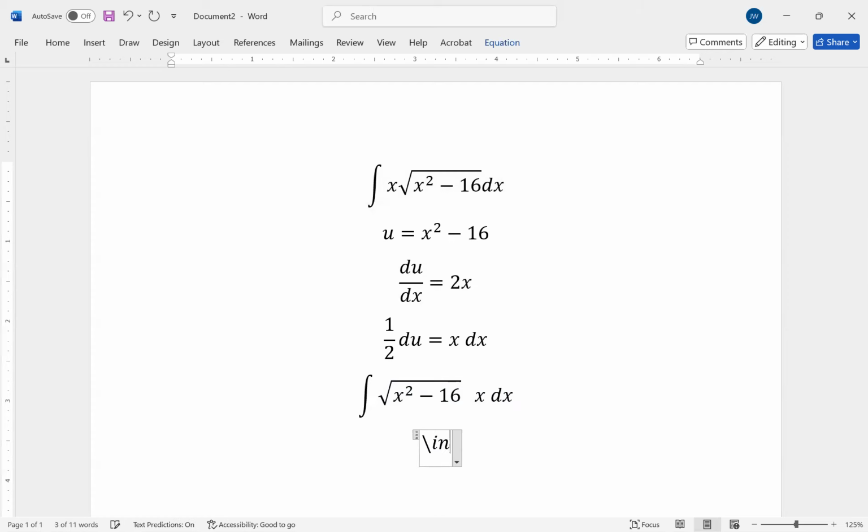And when I do my substitution, I'm getting the square root of u times 1/2 du. Actually, let me just write it down this way so we're not changing anything. So the square root of u times 1/2 du.